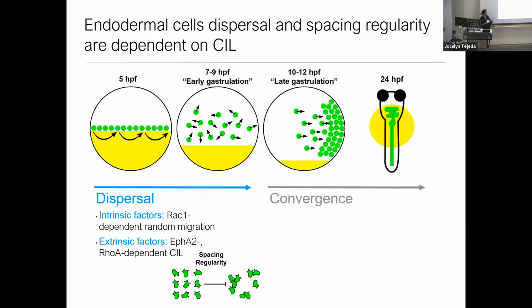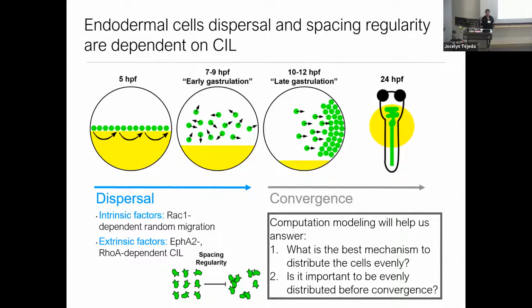And these inhibitory interactions not only promote this dispersal, but they also regulate the highly ordered spacing between cells. We think that the spacing regularity is important for subsequent coherence of the epithelial tissue that's going to form through convergence. And that's where the modeling side comes in.